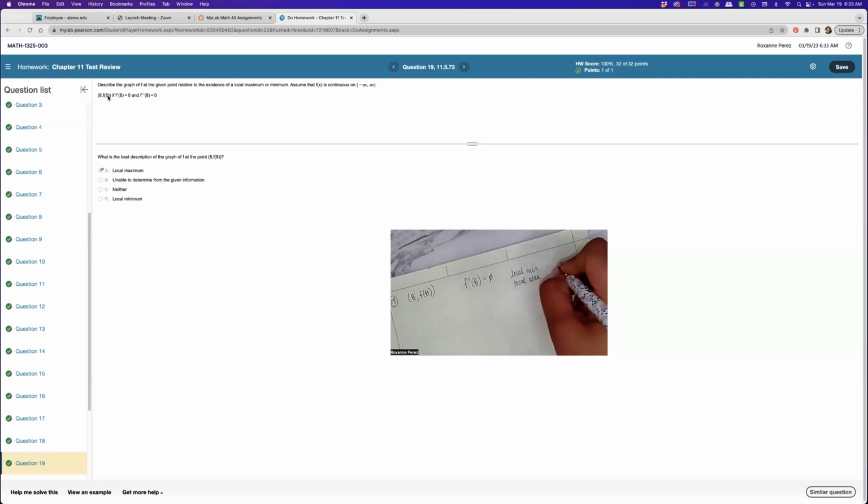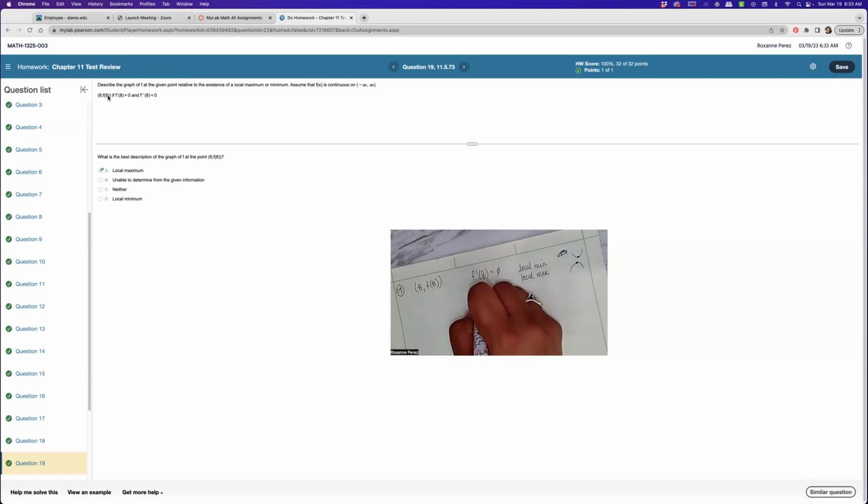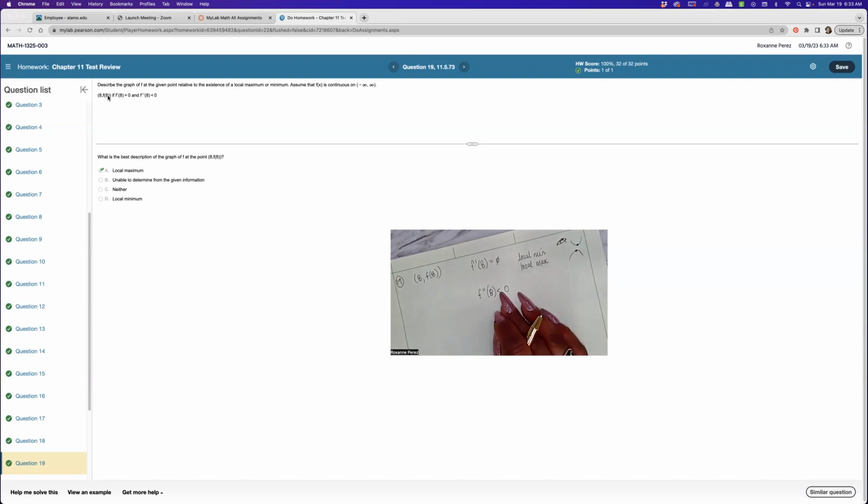Okay, so that's the first thing we know. We have something reaching either local minimum or local maximum. Then they're giving us our f double prime evaluated at x equals 8, and that is less than 0. So this is also indicating to us now that this is in fact a local maximum.